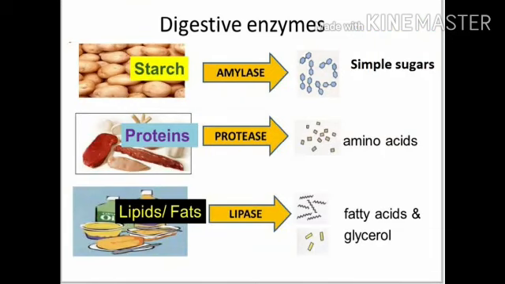Starch requires the enzyme amylase to break it down into simple sugar that can be absorbed by our body. Protein requires the enzyme protease to form simple molecules of amino acids. Lipids or fats require the enzyme lipase to break them down into fatty acids and glycerol.